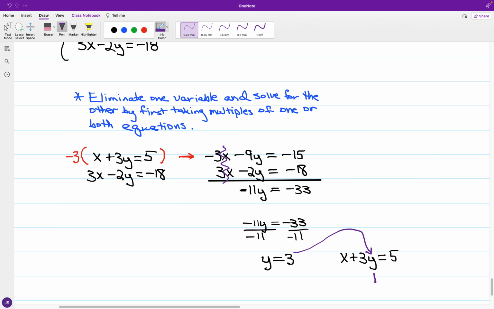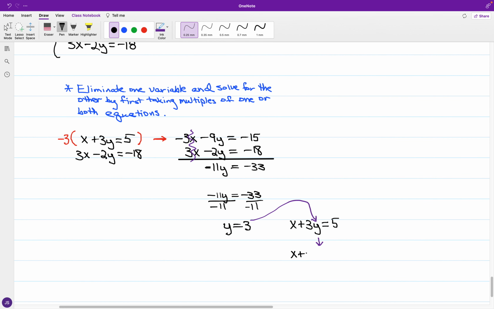So I'm going to plug in 3 for y now that y has been determined. We have x plus 3 times 3 is equal to 5, so x plus 9 is equal to 5. If I take 9 away from both sides, x is equal to negative 4.